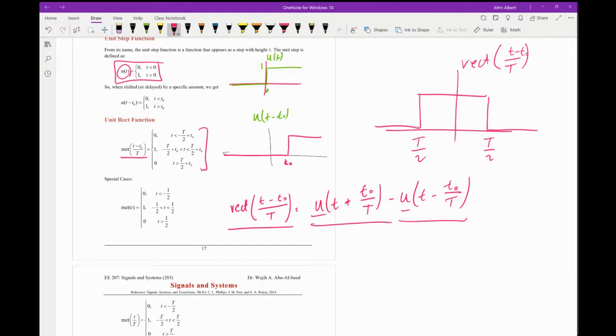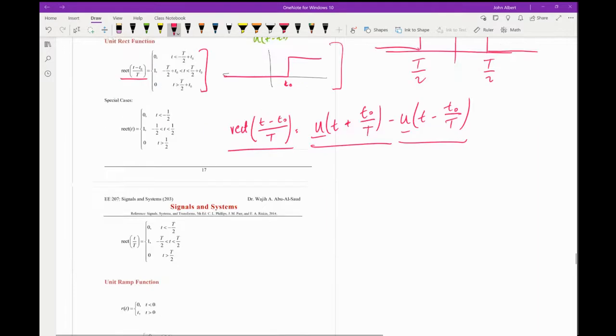This step function, you can go to the lab and generate it. The problem with the next function is that it's purely theoretical. You cannot create it in the lab. You can simulate it, create something that appears to resemble this function, but you cannot simulate it perfectly in the lab.